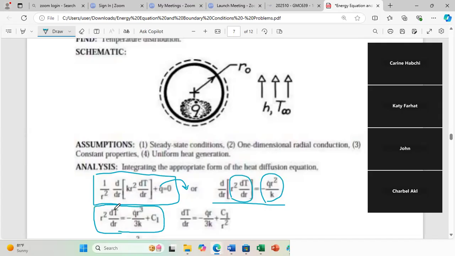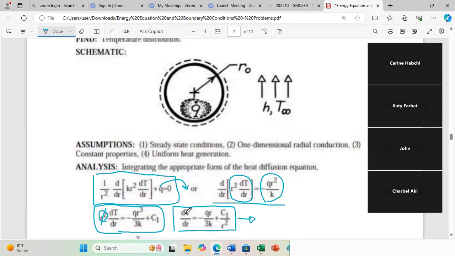Now, before performing the second integration, we divide all terms by R square to get dT by dR equals minus Q dot R over 3K plus C1 over R square. So after our first integration, we get this relation. And this relation should be integrated again to get T as a function of R. So now I'm ready to integrate again.